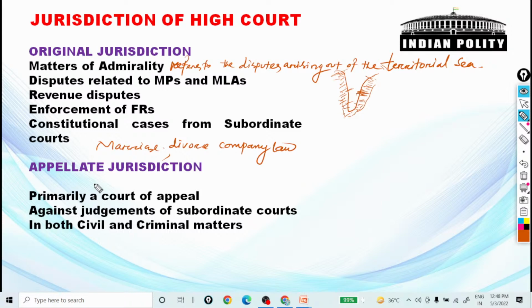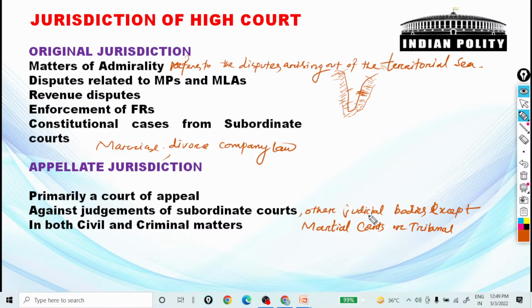Then in case of appellate jurisdiction, obviously because the High Court is the highest court of appeal in the state, it hears appeals against the judgment of subordinate courts and other judicial bodies like tribunals, except martial courts or military tribunals.